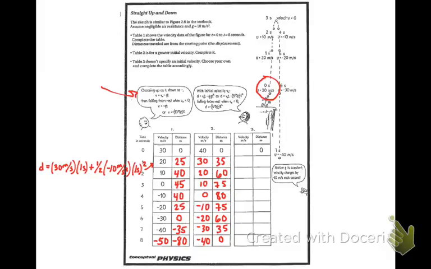I just showed you one example of what it would be like to solve for the particular time in question. Also part 3, it doesn't specify an initial velocity, so choose your own and compare the tables accordingly. That's up to you. If you have questions on these, you can ask me as you go.